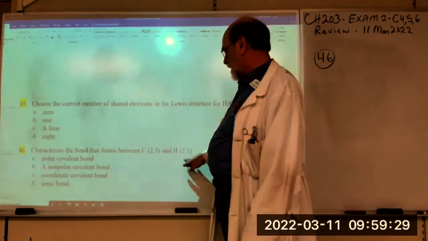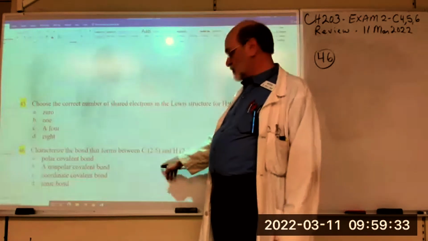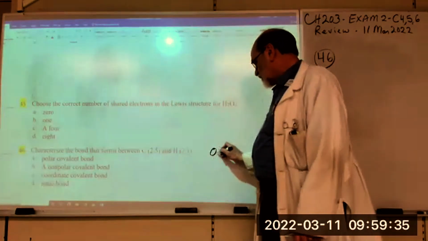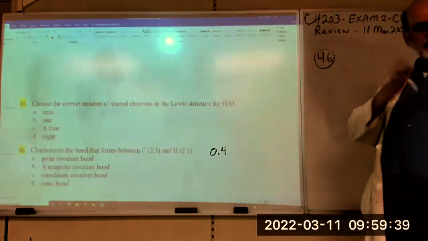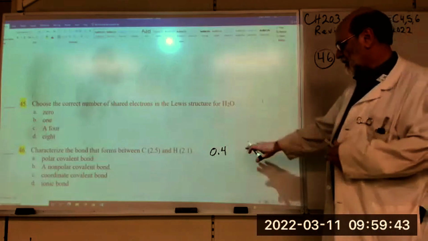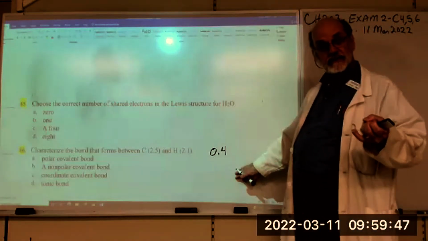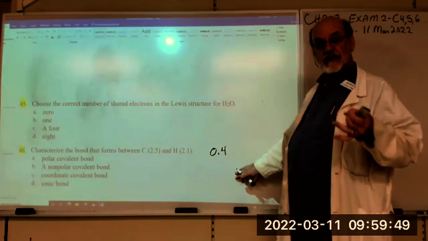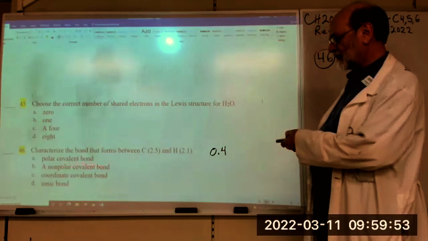If you need to characterize the bond, you subtract the smallest one from the larger one, and we get a value of 0.4. So I don't have that chart with me, but 0.4 should be covalent and nonpolar. Nonpolar covalent.